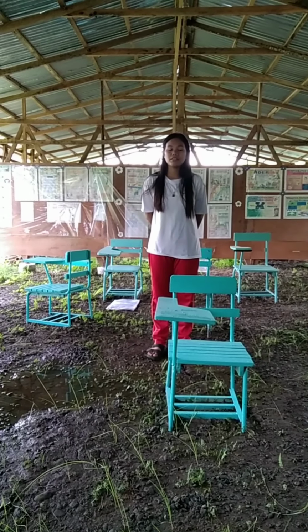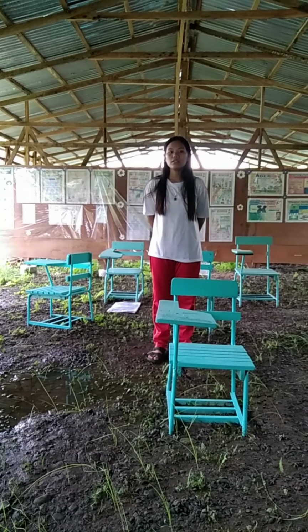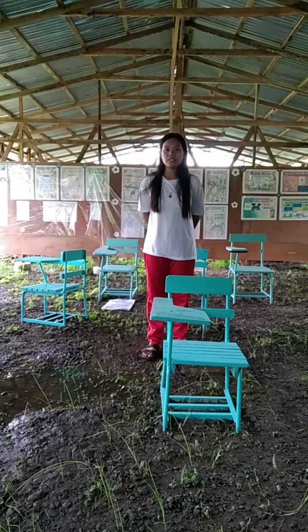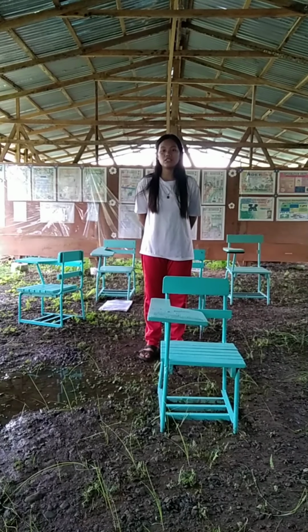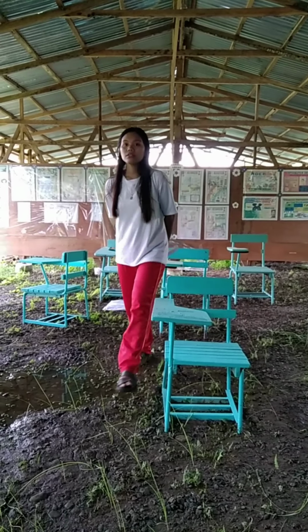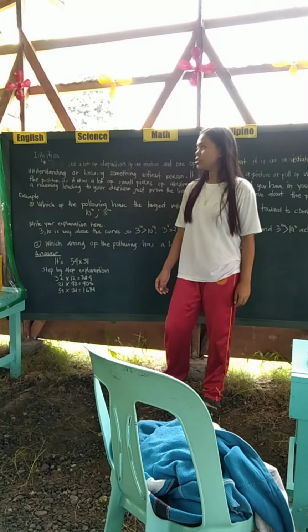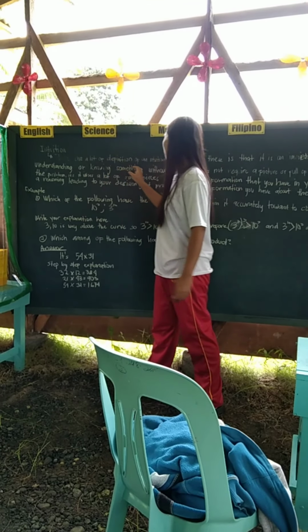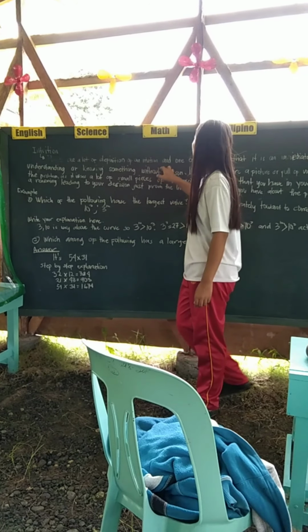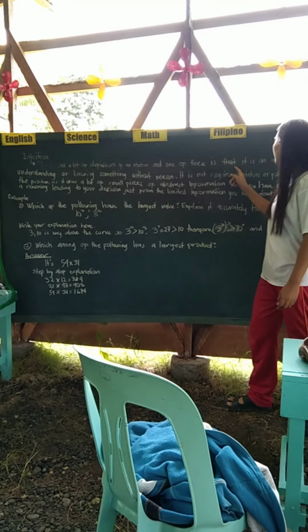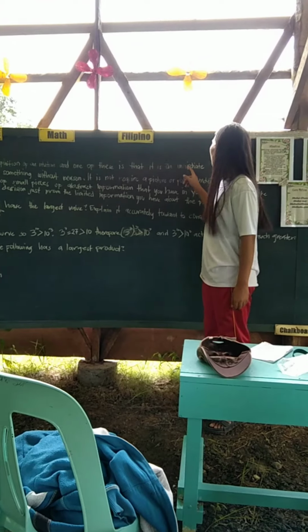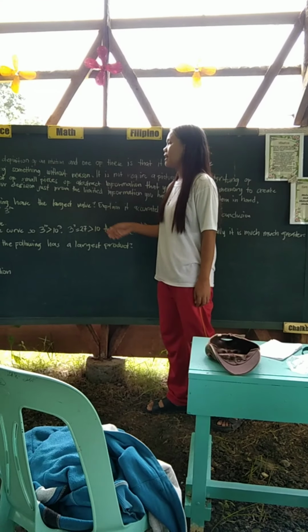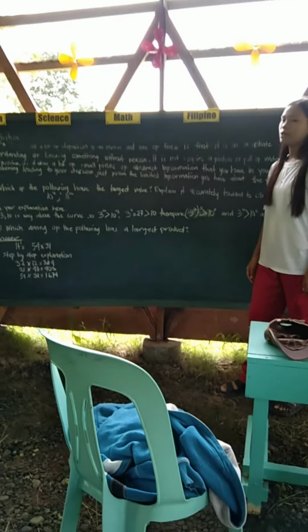So let us start the discussion about intuition, proofs, and certainty. First, we define what intuition is. There are a lot of definitions of intuition, and one of these is that it is an immediate understanding or knowing of something without reason.